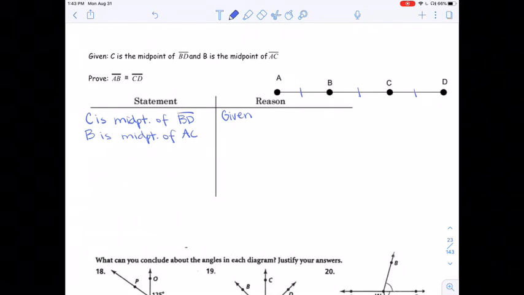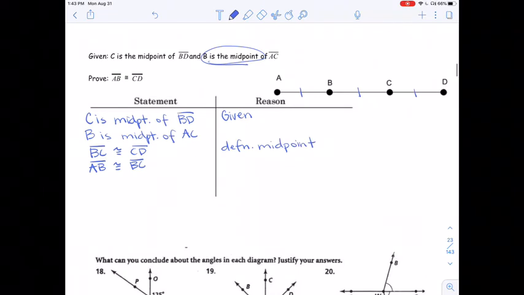So because C is the midpoint, that allowed me to say that BC is congruent to CD and that AB is congruent to BC. All of that because of what is stated up here, our definition of midpoint.